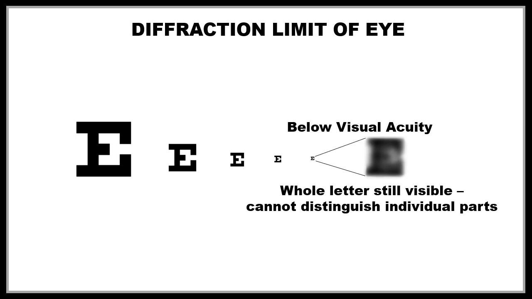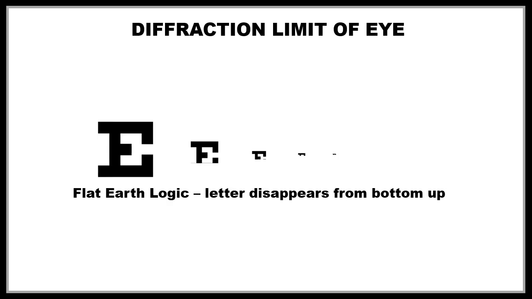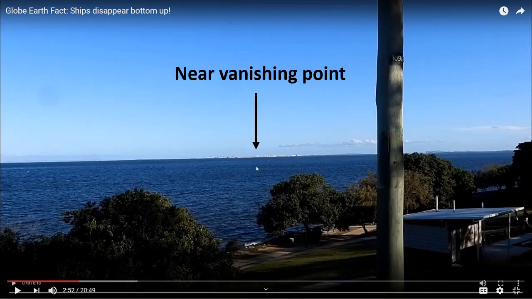But you can see the whole letter, it's just you cannot make out the individual parts. What we definitely don't see is the letters disappearing from the bottom up because of the diffraction limit of the eye.